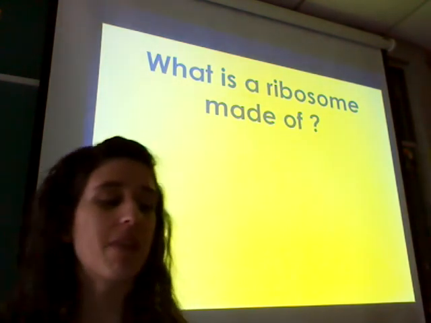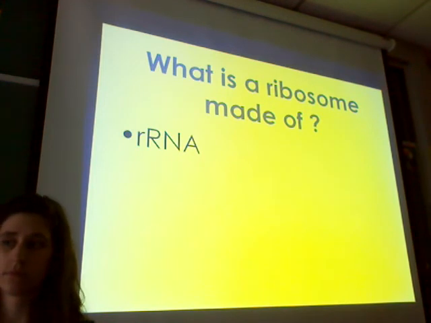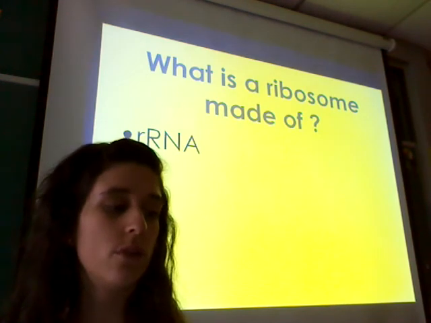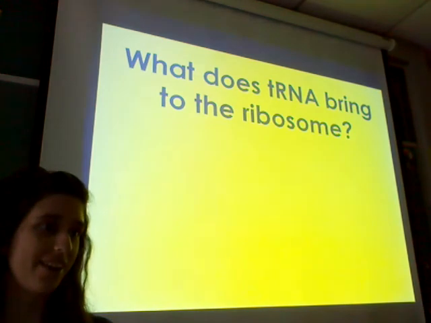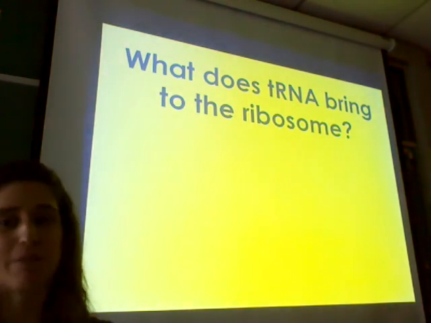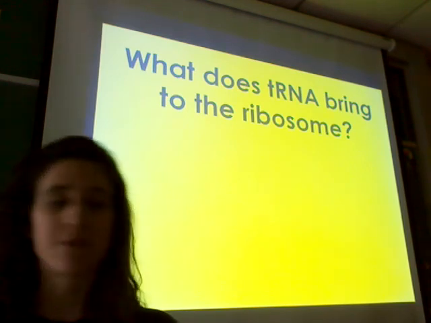Okay, it's made up of rRNA, which is ribosomal RNA, which is nucleic acid, not a protein. So ribosomal RNA makes up the ribosome. The ribosome is a type of RNA in a certain shape. We call it ribosomal RNA.